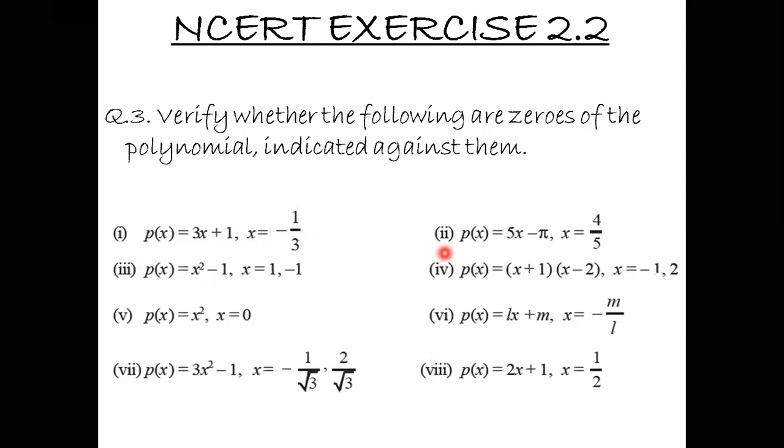Similarly, question number 2, P of x is equal to 5x minus pi. Again, what are we supposed to verify? If x is equal to 4 upon 5 is a zero of the polynomial. It will be called a zero when you get the answer as 0 by replacing x with 4 upon 5. Let us solve it and get a better understanding.